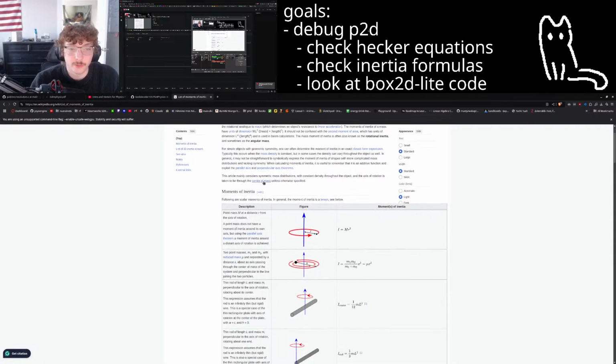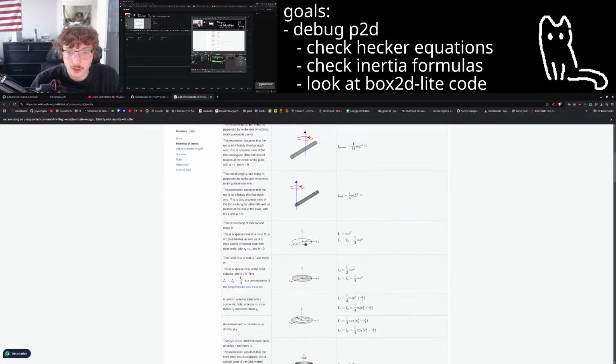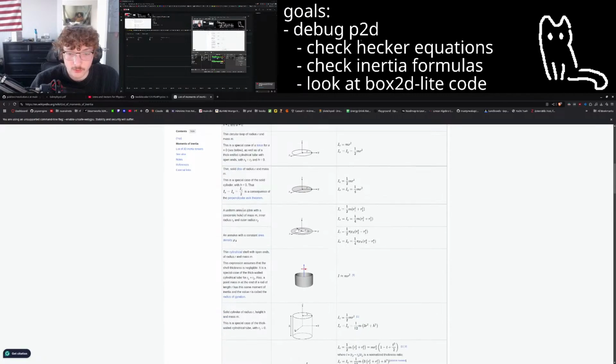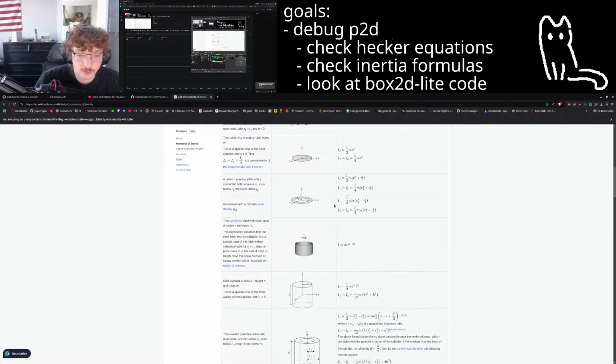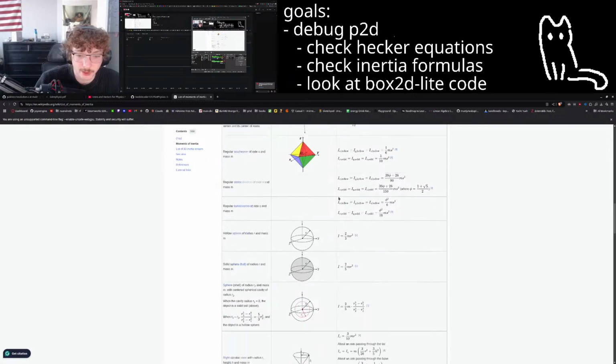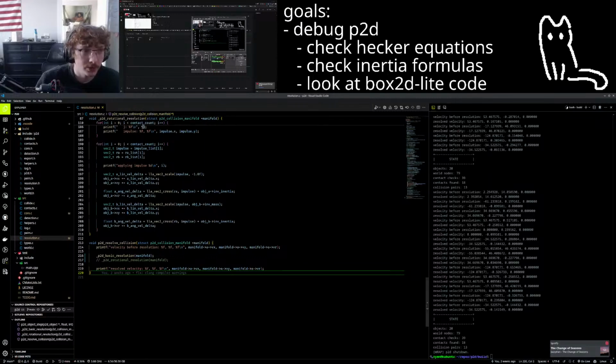He got those from this Wikipedia, moments of inertia. So this is one that he got, solid disk of radius r. The moment of inertia is 1/2 mass times radius squared, which gives us potentially bad values. So I'll play around with that a little bit and see what happens.